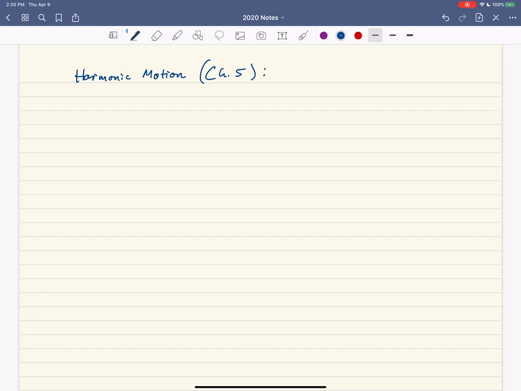I'm not going to recap any of the material from chapter 5 other than to tell you that we were solving things like mx double prime plus kx equals 0, subject to the initial condition that x of 0 is 0 and x prime of 0 is some initial velocity, say v naught.